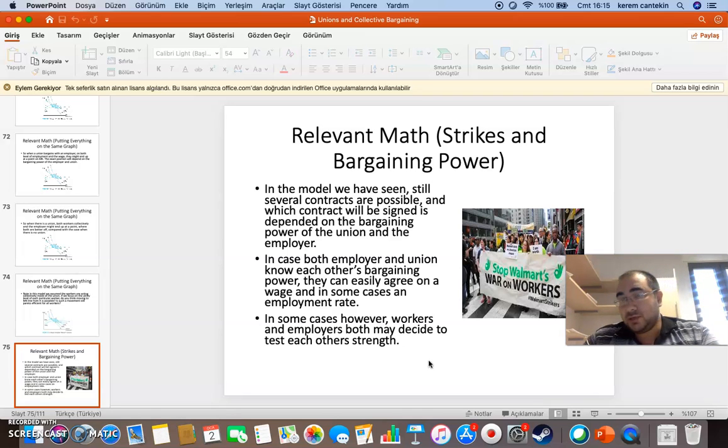Of course, that's assuming that we know the bargaining power of the union and the company in full sense.